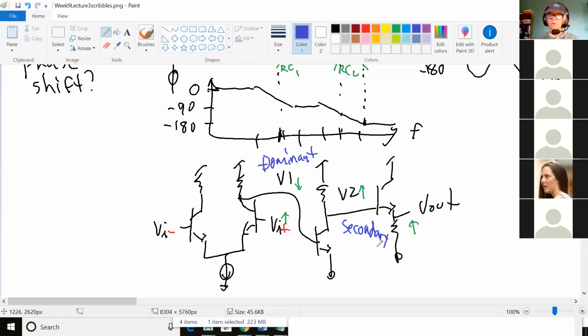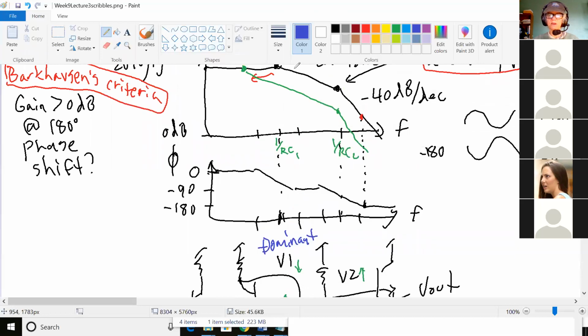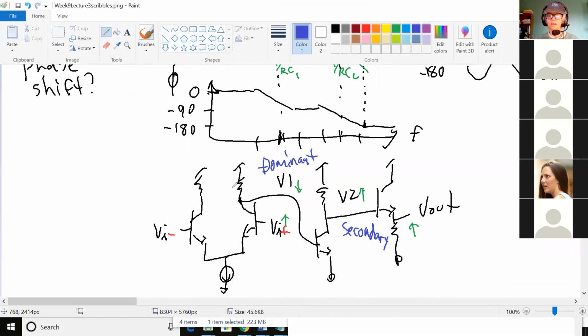So if this graph, the black line right here, is violating Barkhausen's, if that is the Bode plot for this circuit, I say, oh my goodness, it's violating Barkhausen's. I need to move that dominant pole down. One way I can do it is, what's a good color? Blue, red, green. I can just add a big old capacitor here.